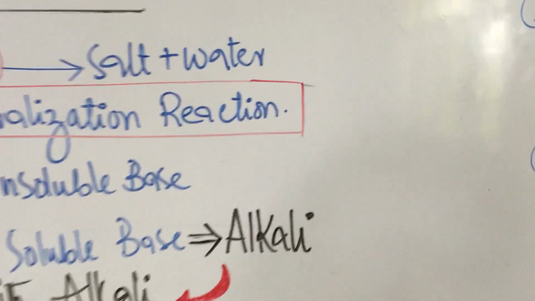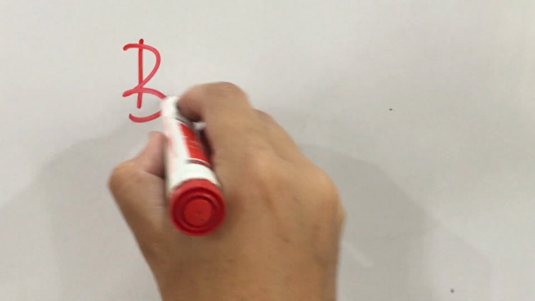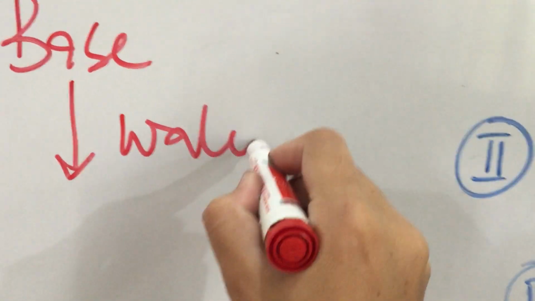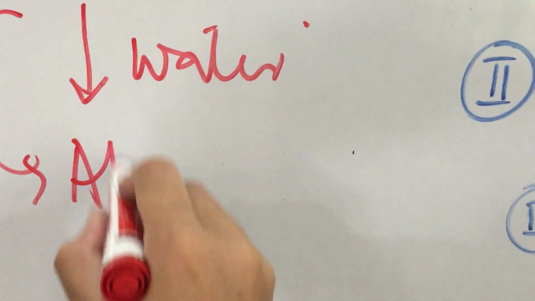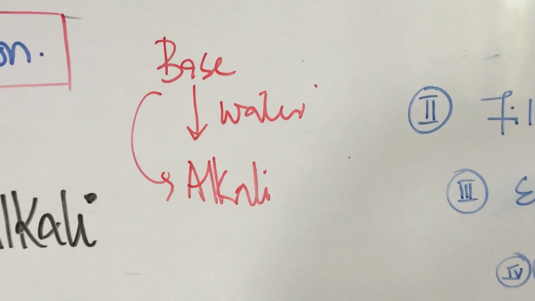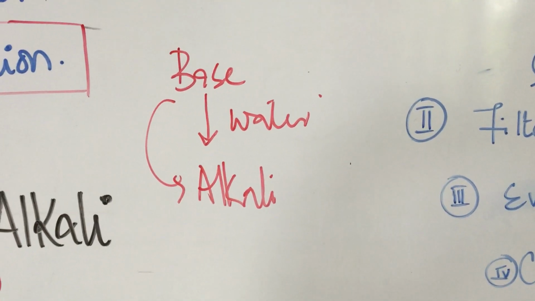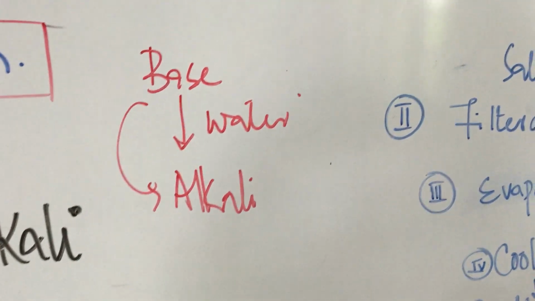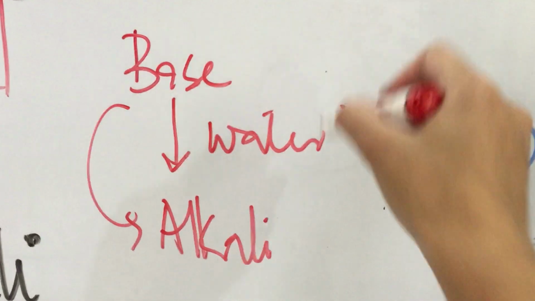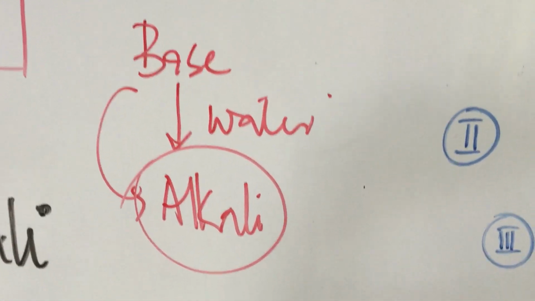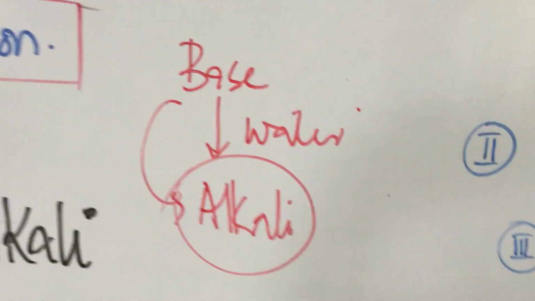We have already discussed that if any base can be dissolved in water, it is known as alkali. Fine girls, it is known as alkali. So whenever a base is able to dissolve in water, that type of base is known as alkali, and we also get alkali solution or basic solution.